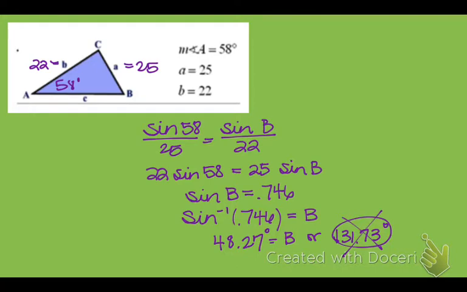So the 48.27 is the only possible solution for this triangle. So you want to check and verify all of your answers to make sure that you're listing them. But in this case, I'm going to break that 180 rule, and so there's only one answer, so angle B has to be the 48.27.